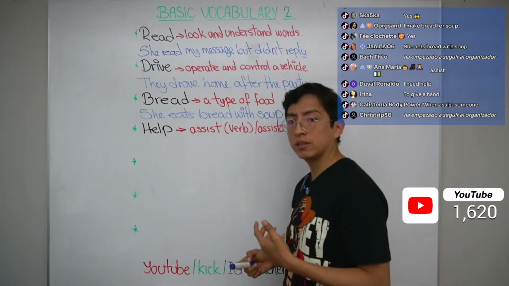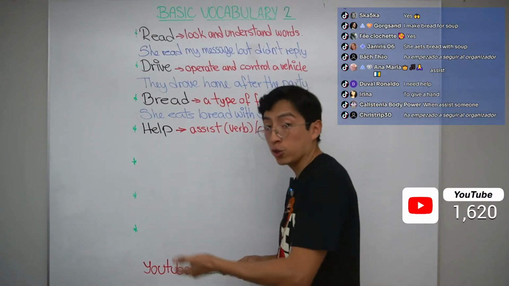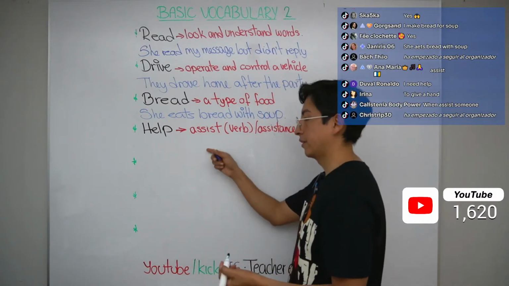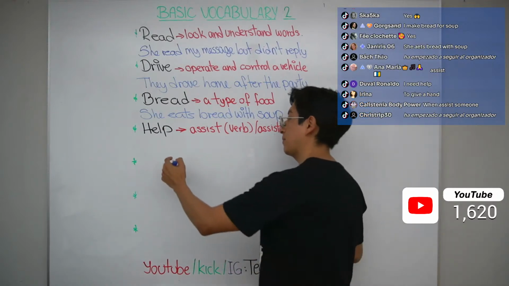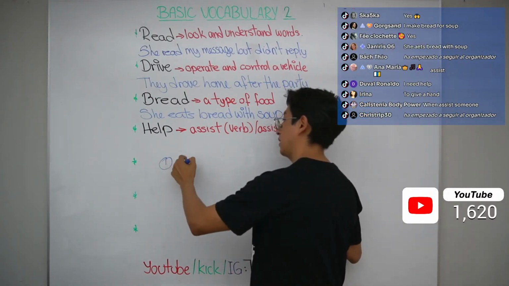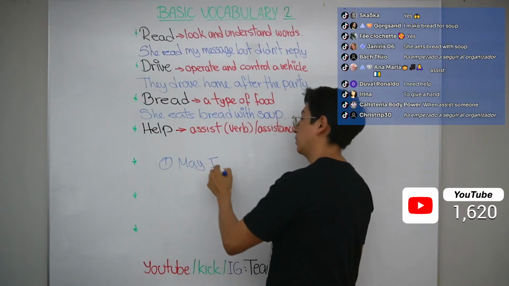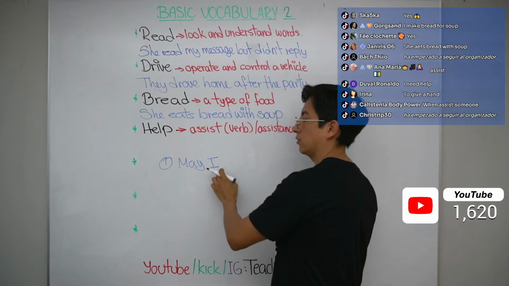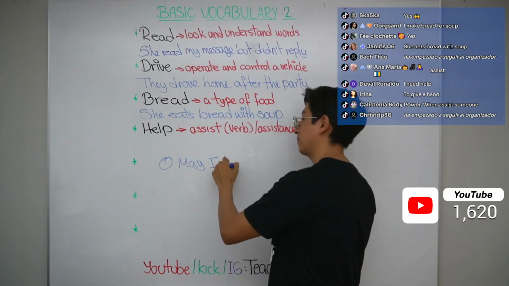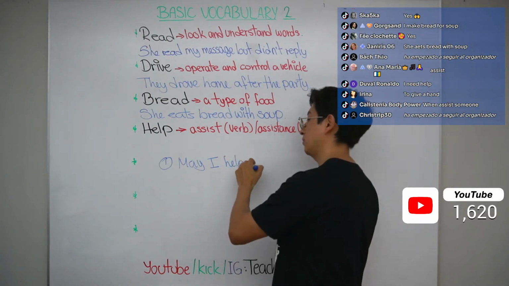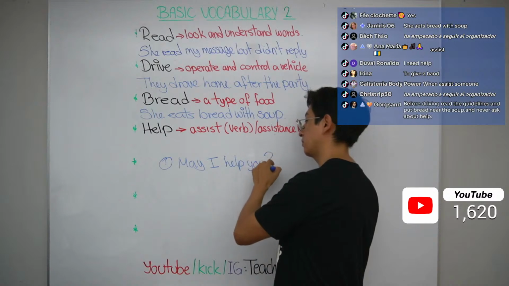Okay, when someone assists you. Okay, very good. Now, let's write some examples here. If you go to a store, it would be possible that you would listen to this phrase. May I help you? Yes, this is a typical question.